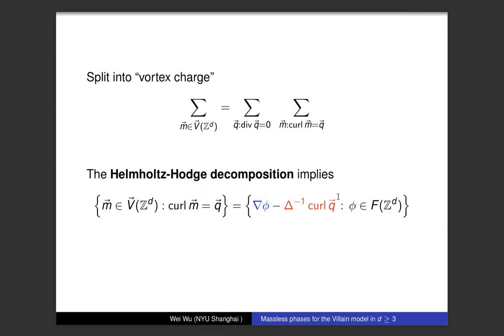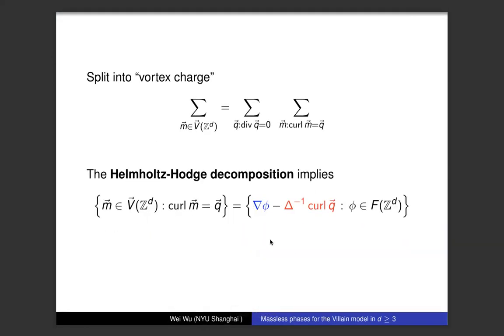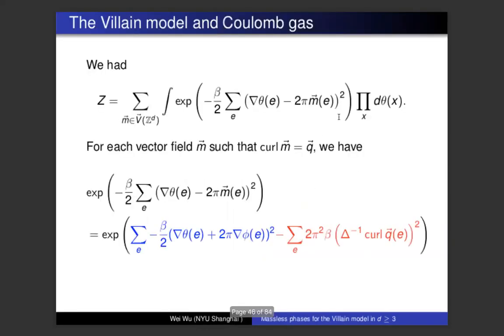If we do that, we know this is an orthogonal decomposition. So if you plug this back into the Villain model, you see that after you expand the square, the cross term will vanish, and you're just left with the 2 parts.